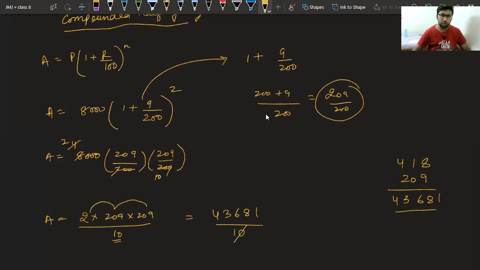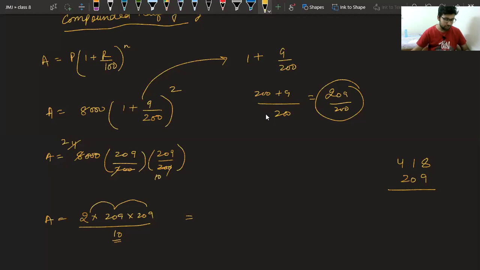Now cut the 0 and put a point over here. Something is wrong, beta. Please check again. This will not come. Class, tell me, what will we get if we multiply 418 and 209?